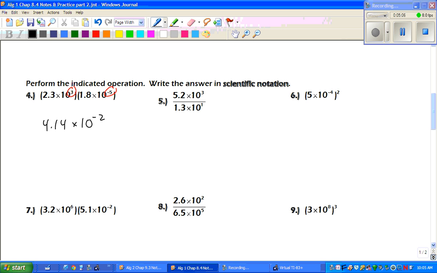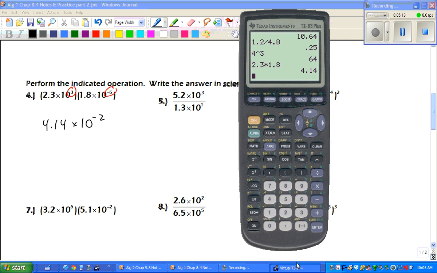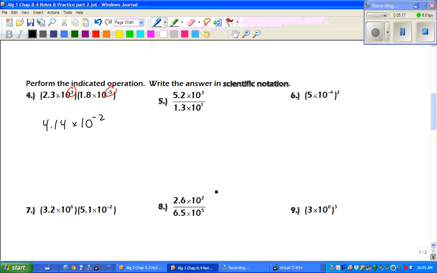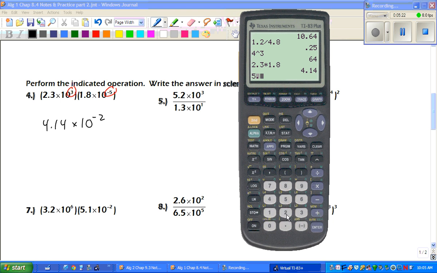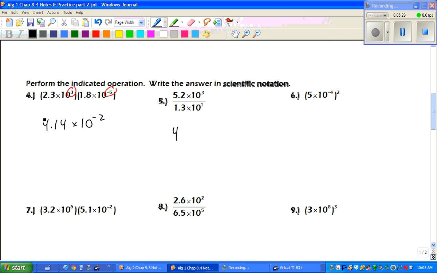That's already in scientific notation. So we don't have to change anything, right? Because 2.3 times 1.8. Perfect. All right, number 5. Let's divide those out. 5.2 divided by 1.3 gives us 4. Oh, we forgot to circle our answer. All right, 4 and 3 minus 1 is 2.